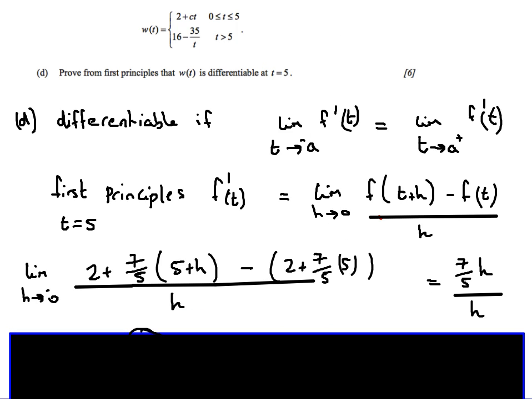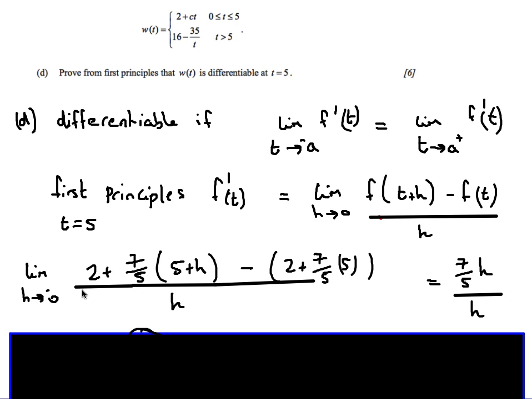Okay, so again, it looks slightly daunting at first, but if we just try and put some numbers in, so we say, well, what do we want to do? We want to basically replace, so we're going to look at the limits, this function here, we're going to replace t with t plus h. So let's do that in that first one. So 2 plus ct, we're going to replace that by t plus h, and then we're taking away f of t.